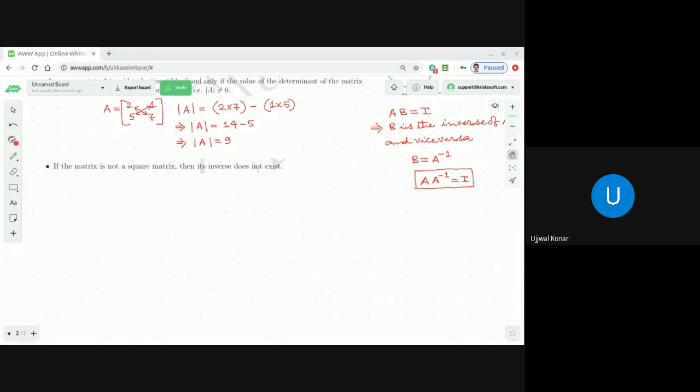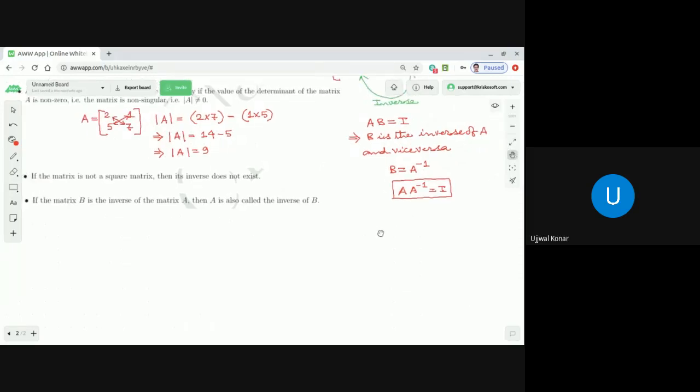So what we get here is that if the matrix B is the inverse of the matrix A, then A is also called the inverse of B. And that is what is mentioned here in my earlier statement. If B is the inverse of A and vice versa, that means A is also known as the inverse of B.